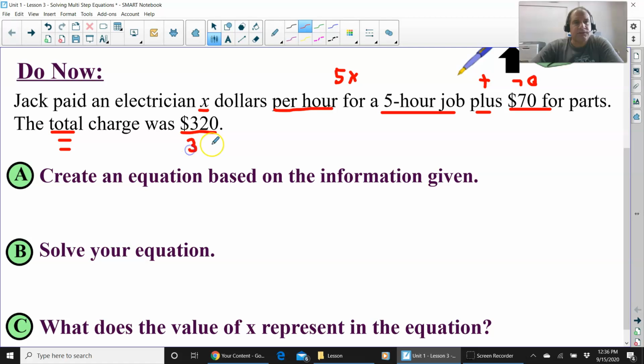Now to put that equation together, you put the information right above the words. That's why I like underlining the most important information and then putting that stuff right above the words themselves. Then you can actually see what that equation would be.